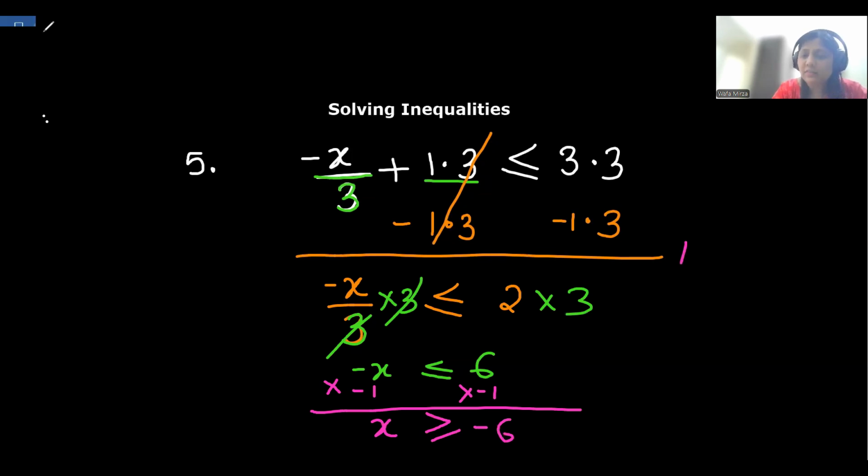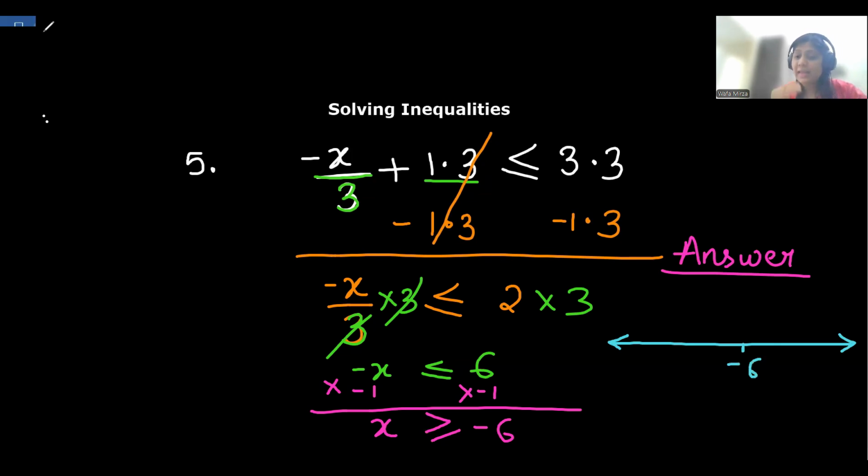Now I will write the answer. Okay, so I will draw the number line. On the number line, first I will mark negative 6. x is greater than negative 6. Since x is greater than negative 6, I will move towards the right side.